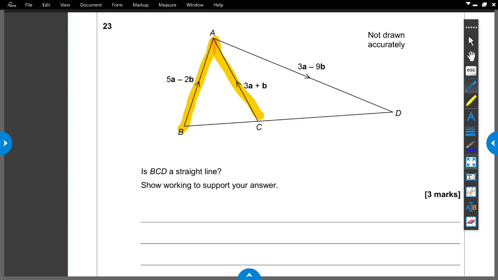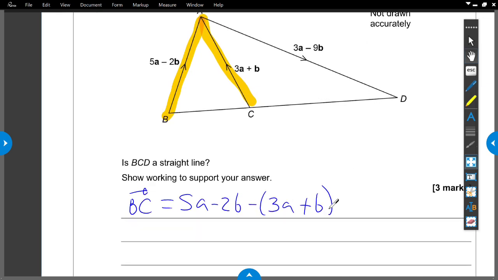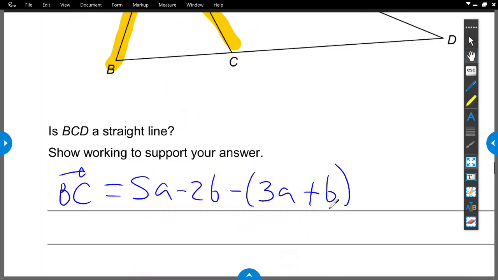So vector BC is equal to BA, which is 5A minus 2B, and then it's going against this one here, so it must be negative, that one. So we're going to minus 3A plus B, which we can simplify. When you're subtracting a bracket, that's basically making everything within it negative.